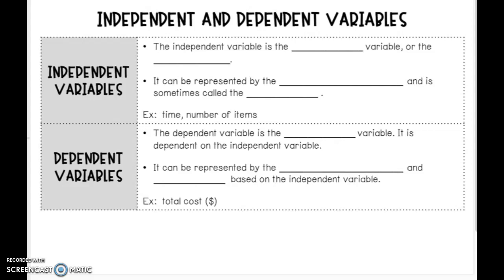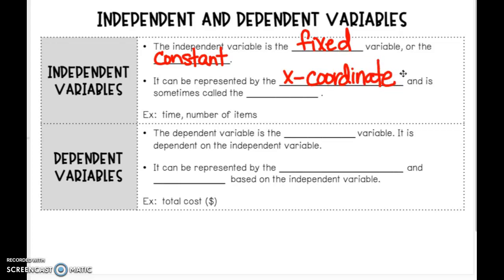It is the fixed variable or the constant, the one that stays the same. It doesn't vary. It's independent of the other. And it can be represented by the x coordinate. Okay, so we've already done the coordinate plane.